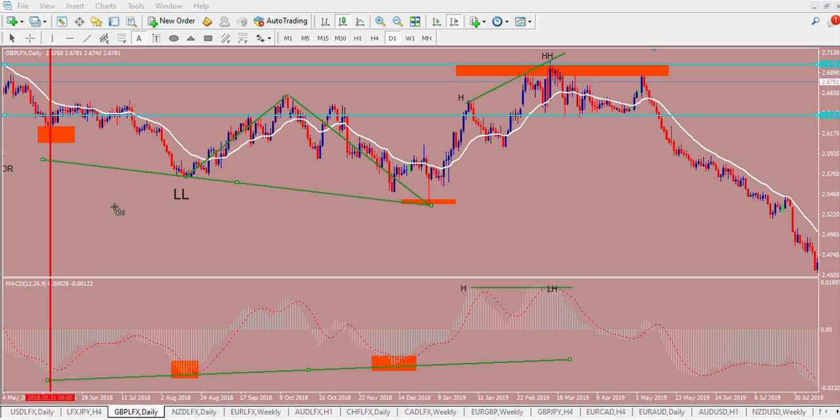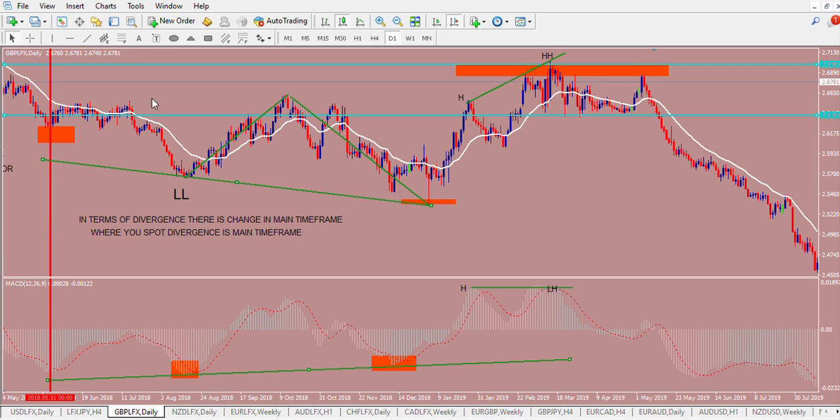In terms of divergence, there is a change in the main time frame. And what is that change? Where you spot your divergence is the main time frame. You get the point?